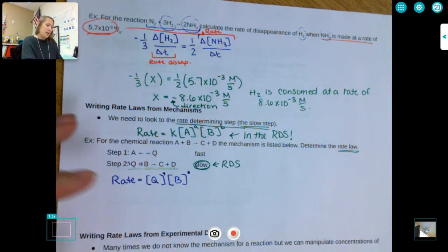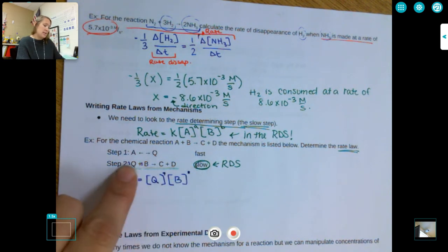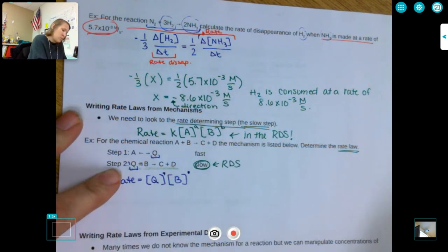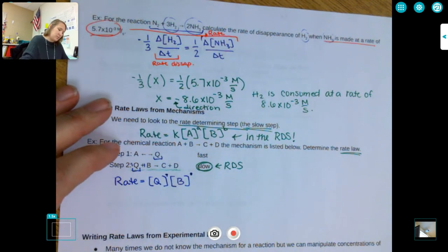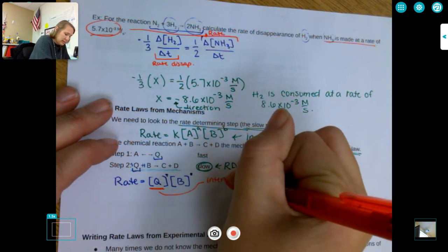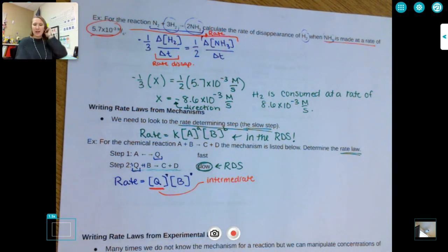The problem with using this rate determining step is that Q is made and consumed. So Q is an intermediate. That means that I never know the concentration of Q in my chemical reaction because I can't ever collect it. As soon as it gets made, it gets used up right away. So I can't put Q inside of my rate law.